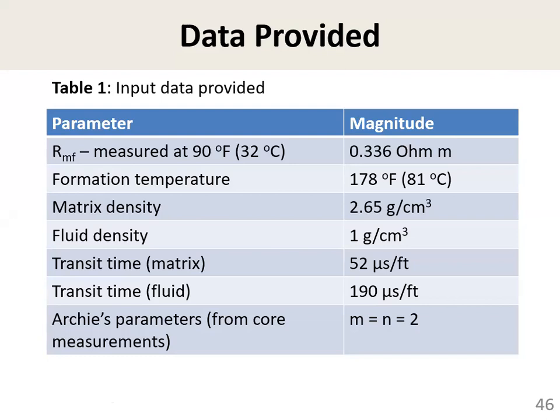So the mud filtrate resistivity at 90 degrees Fahrenheit formation temperature, the matrix density, the fluid density, matrix transit time, and then the fluid transit time, even though I don't think the sonic log is provided in the tracks. And then very important, the Archie's parameters, so we have to assume that m and n are 2.